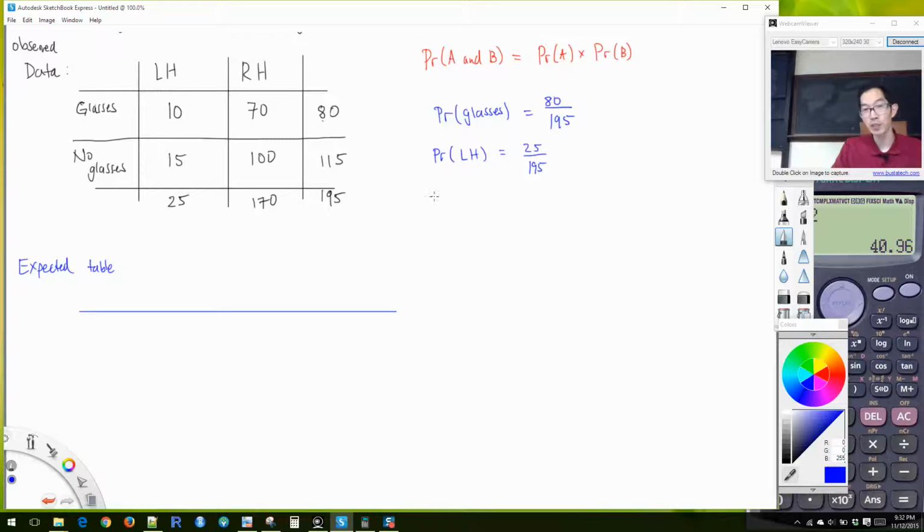And then, if A and B were independent, what would the probability of being left-handed and wearing glasses be? Well, I would multiply these two together, right? I would do 25 over 195 times 80 over 195.